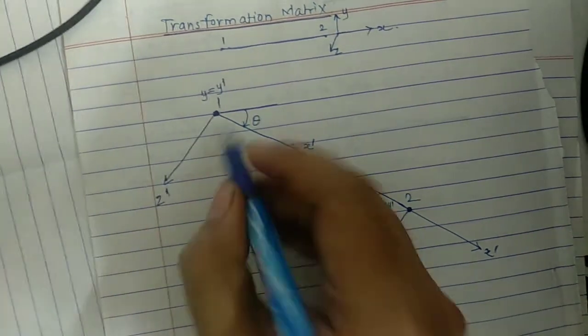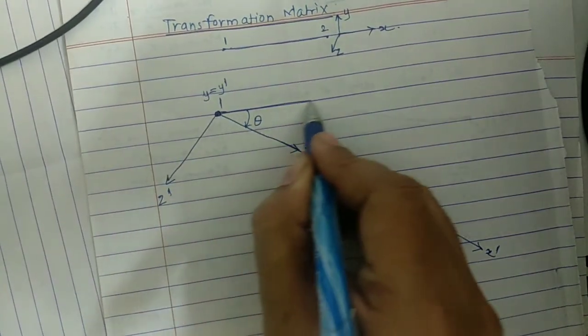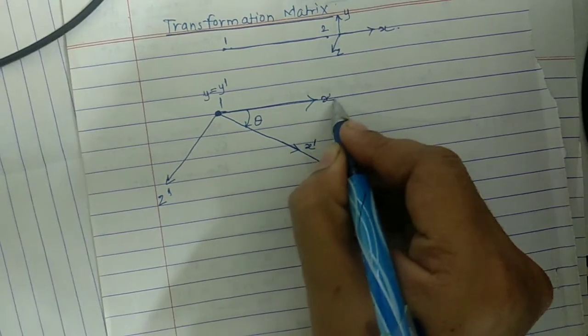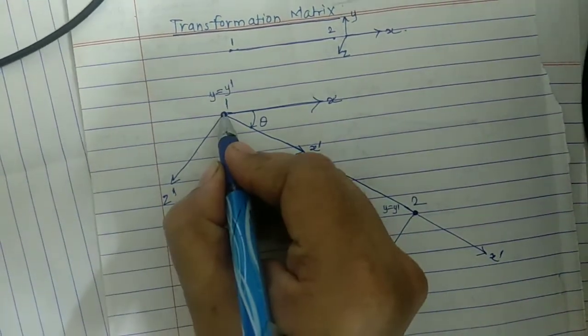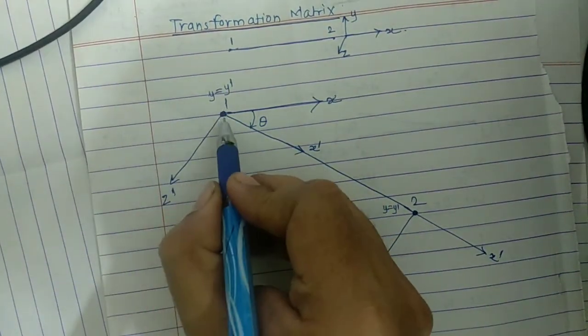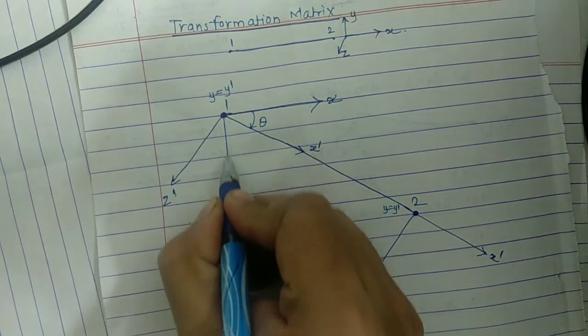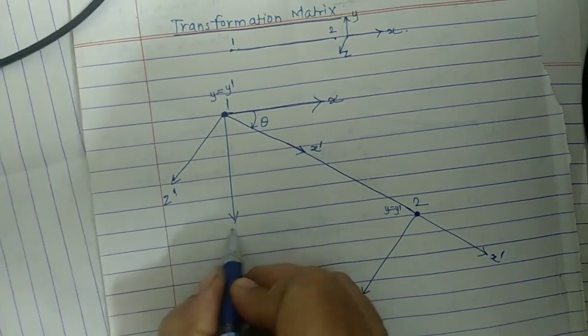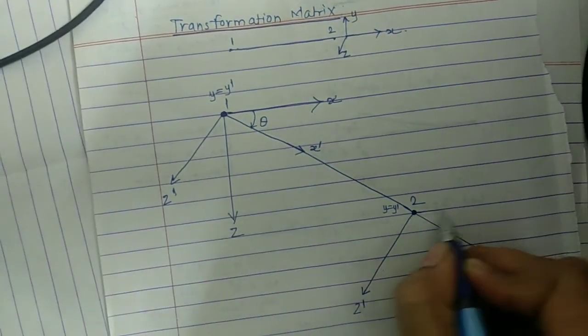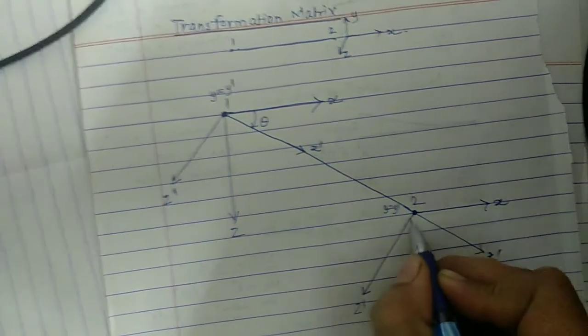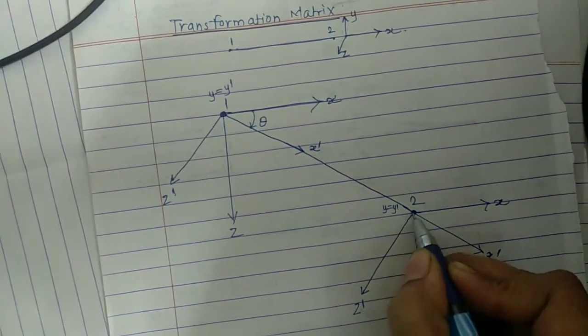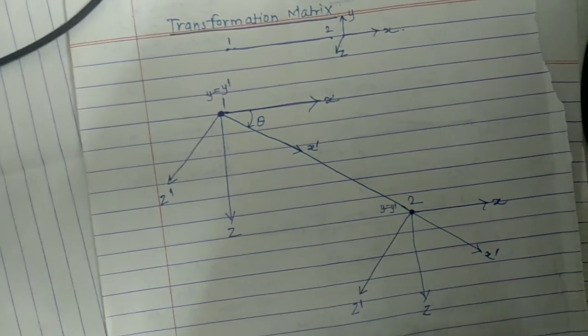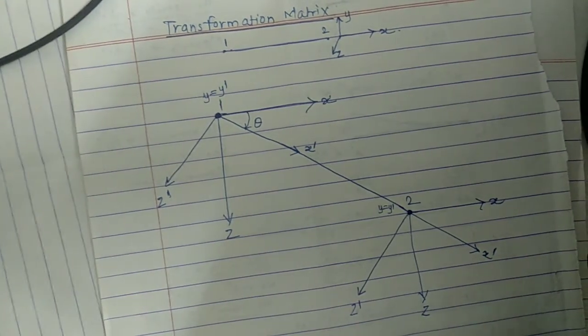Global means in a true horizontal and vertical direction. So this is your global x axis, global y axis vertical, and global z axis. Similarly at node 2, x, y, and z.